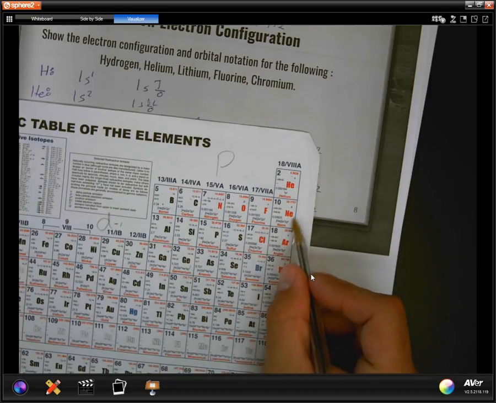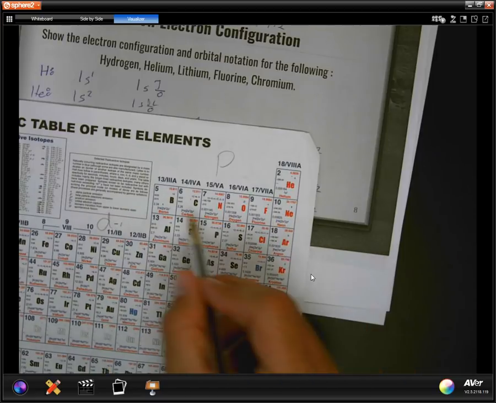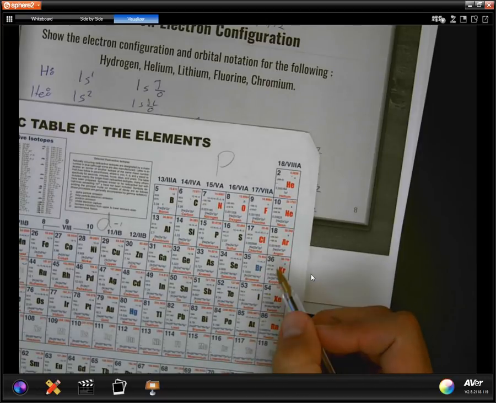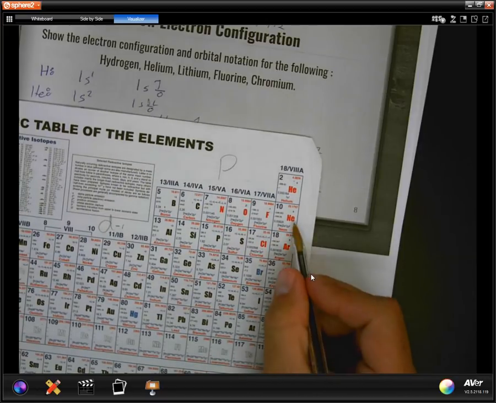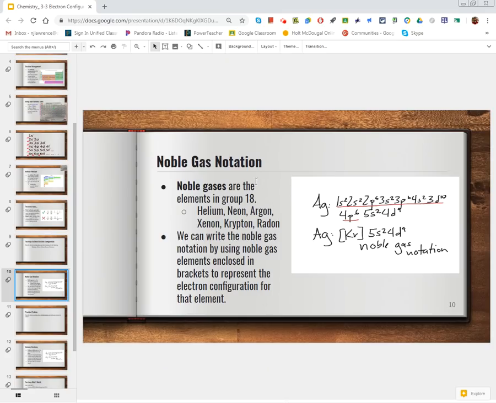When I have neon's electrons all filled in, he actually filled up the entire second energy level. So 2s and 2p were completely filled with electrons. Since these guys are stable because they fill up these electron shells, we can use these as starting points, or basically shorthand ways or shortcuts in writing out our noble gas configuration.